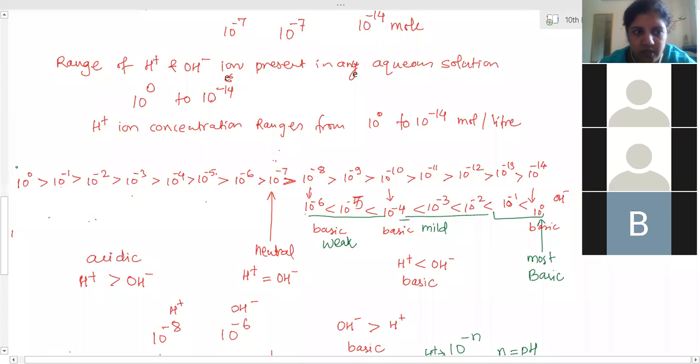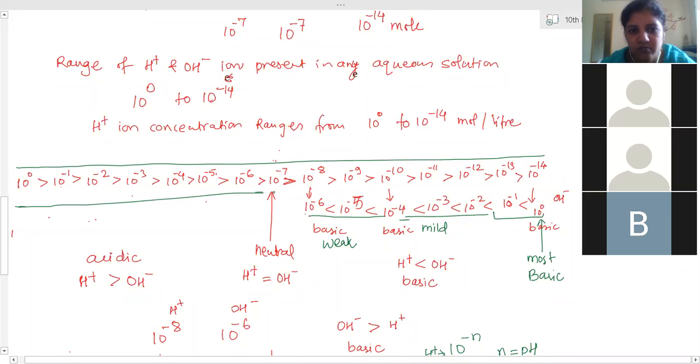Now another one is OH minus ion concentration. This is H plus ion and this is OH minus ion.